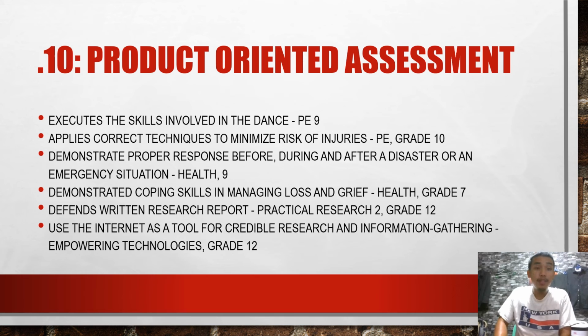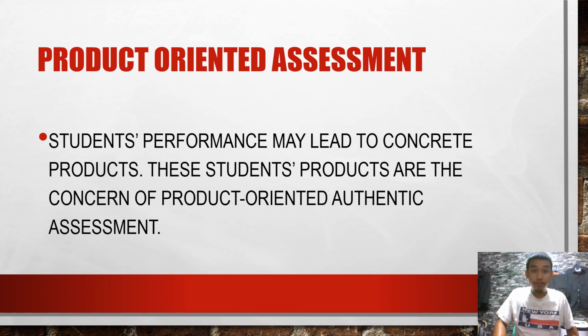So from these words, what has been introduced to them is being processed by the student, and after the processing of the students, here comes the product, which clearly means that what has been learned by the students is transformed into an action or a product as the result of what they have learned. So product-oriented means that students' performance may lead to concrete products. These students' products are the concern of product-oriented authentic assessment.